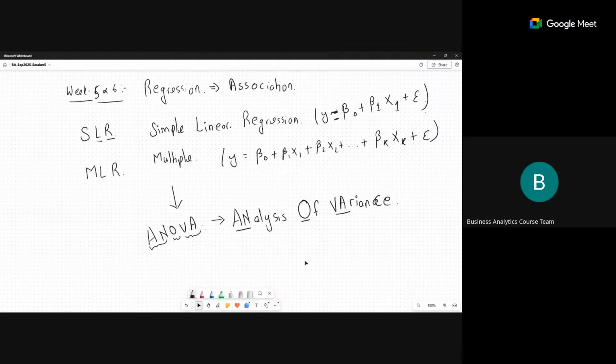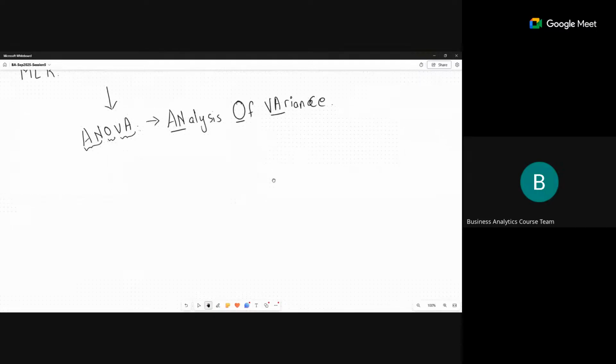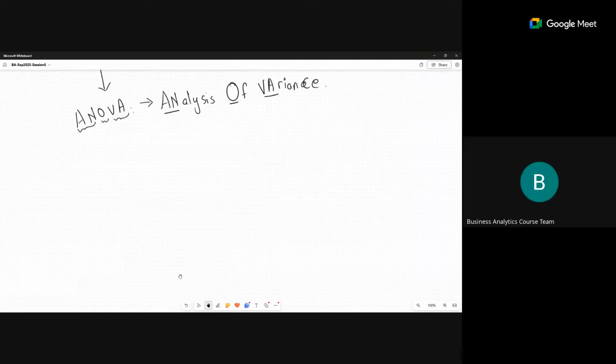Now tell me, when you build an ANOVA table in Excel, what are the 3 rows of that table? What are they titled? R square? No, that is the summary statistic. Slope, intercept?